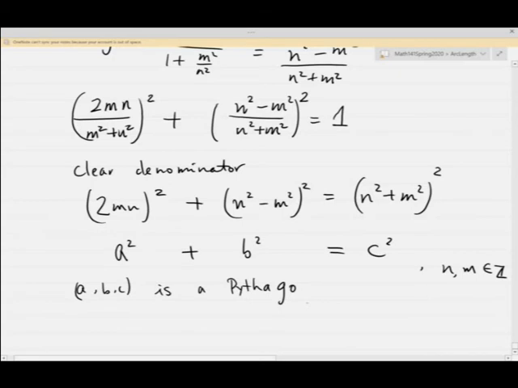We can get all primitive Pythagorean triples in this manner; actually, all Pythagorean triples can be written in this universal way.